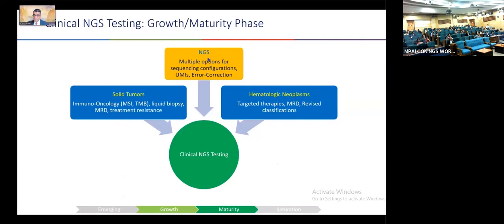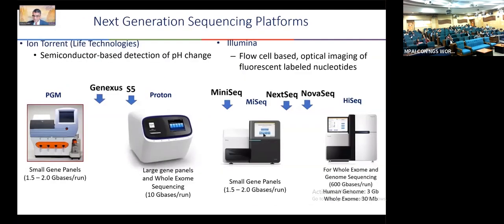And again, on the NGS platform side, we now actually have multiple configurations available to us, from low throughput to very high throughput. Also, chemistry wise, we now have UMIs and more sophisticated error correction mechanisms. So this is what is defining the current phase, where we are constantly adding these different sequencers to our portfolios.